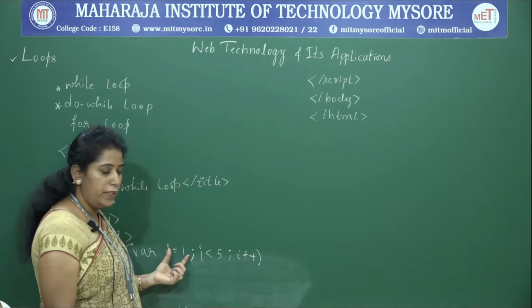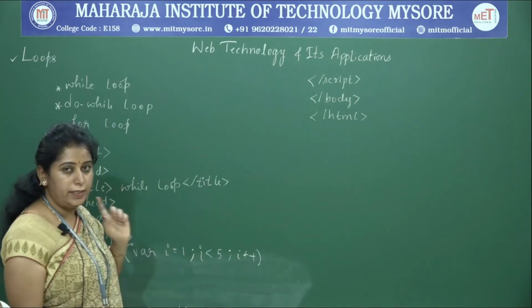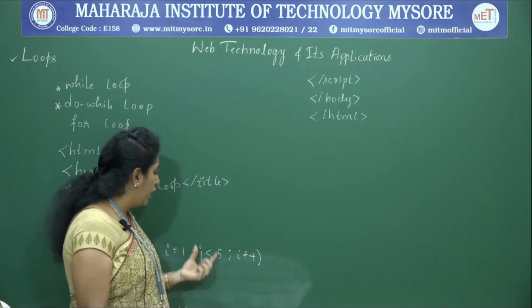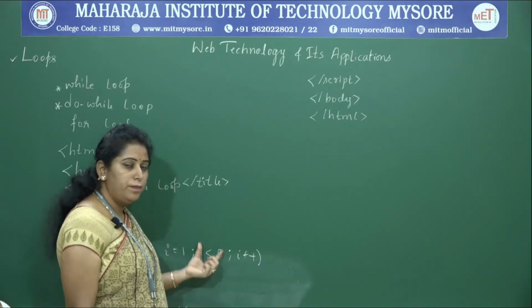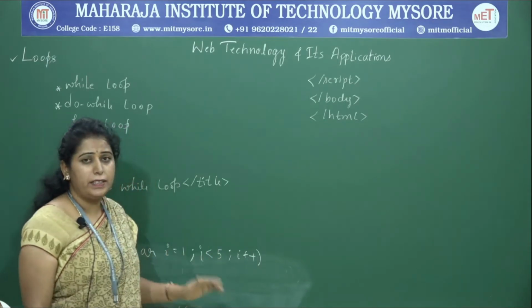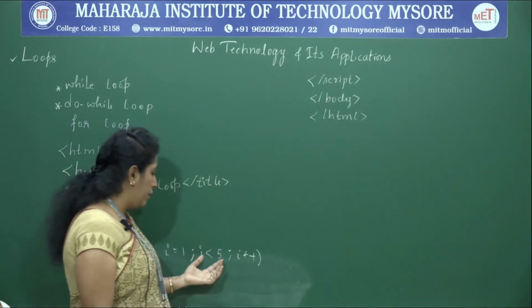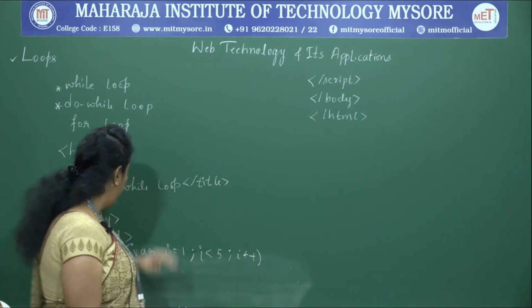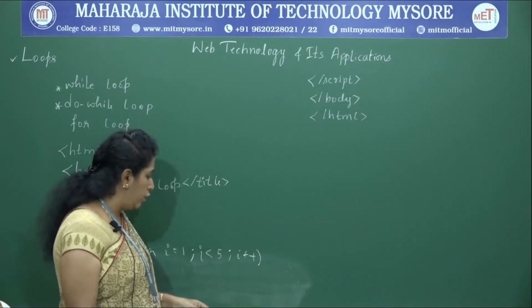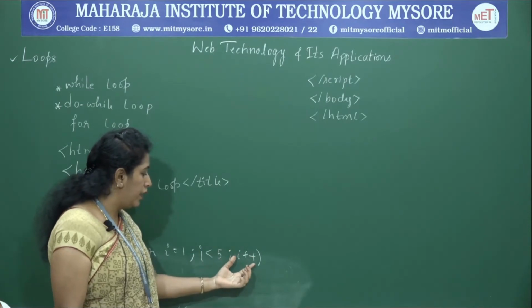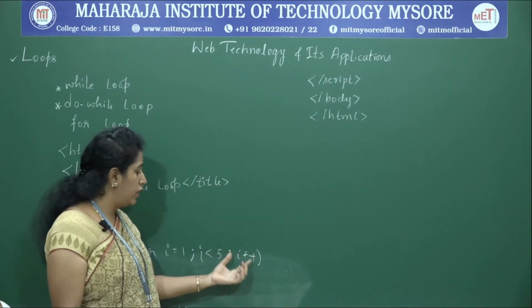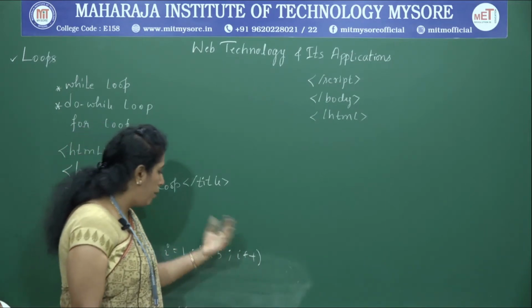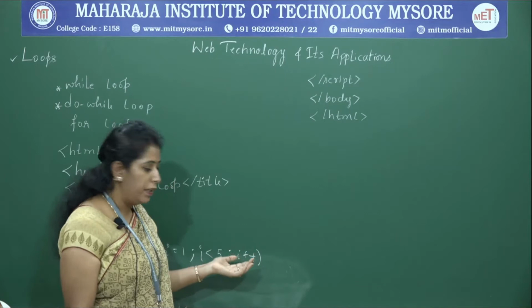Expression 1 is initialization, which gets executed only once. Expression 2 is checking the condition. Based on this condition, the body of the loop gets executed. If this condition becomes true, it enters into the loop. Once this condition becomes false, control will come out of the loop. Expression 3 is used for pre-increment or post-increment, or pre-decrement or post-decrement.